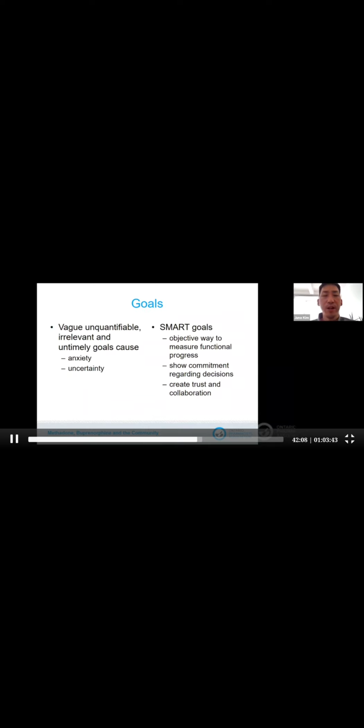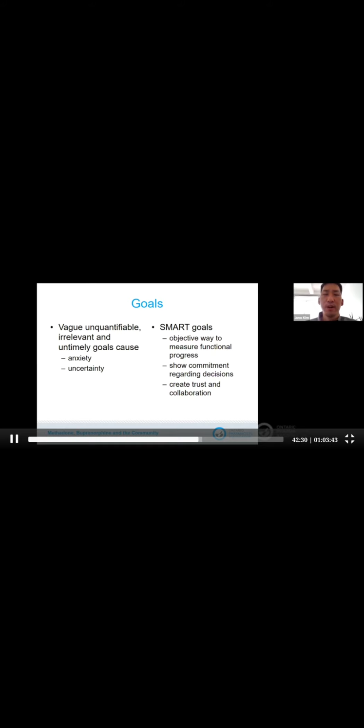The idea behind SMART goals is that if a patient is explaining goals that are vague, unquantifiable, irrelevant, there's a chance that they may not be able to achieve some of those goals, which may lead to anxiety, uncertainty.